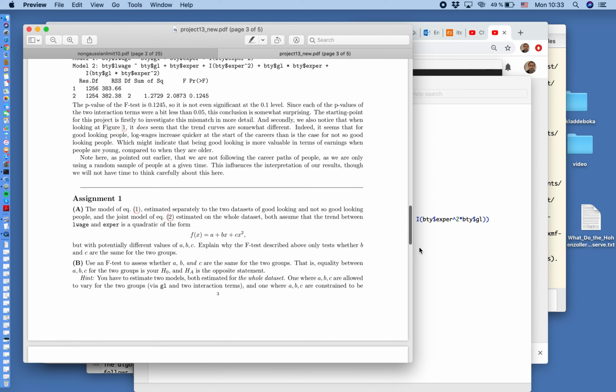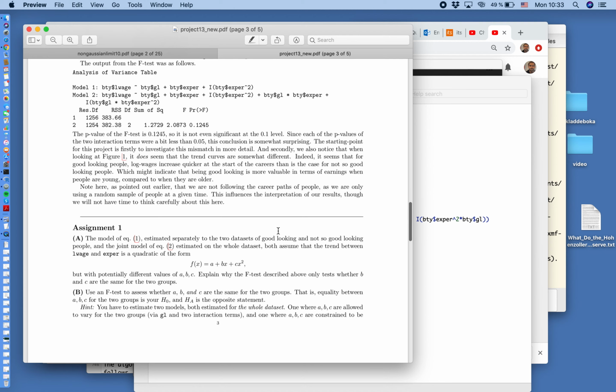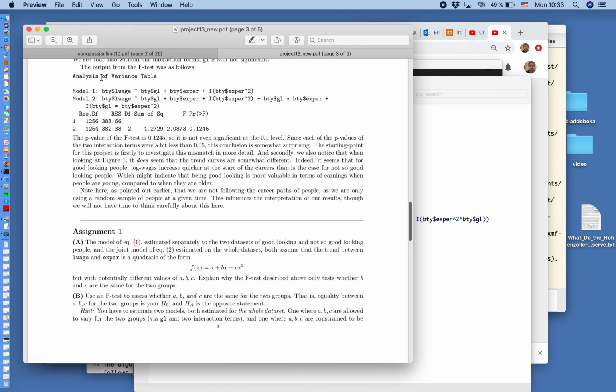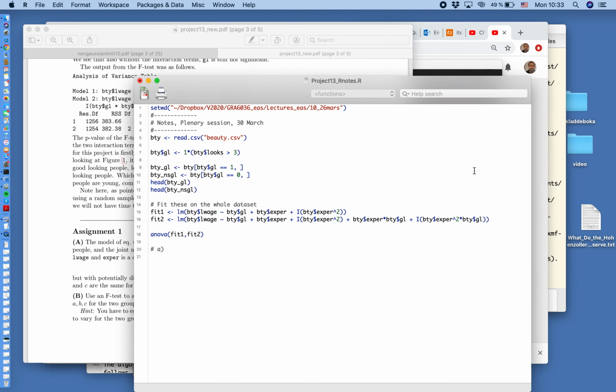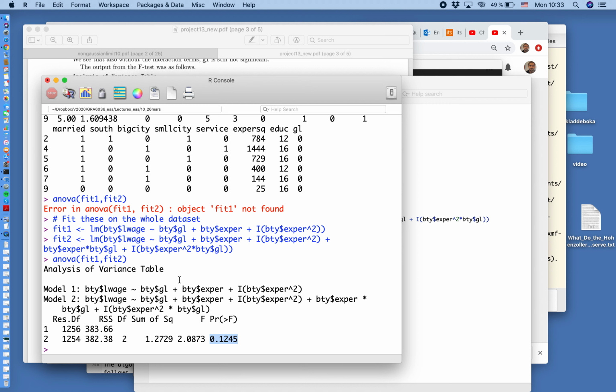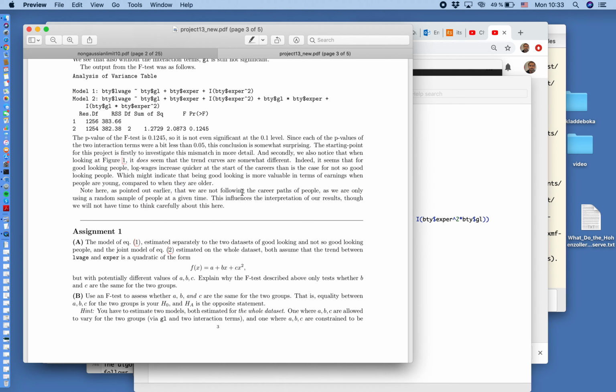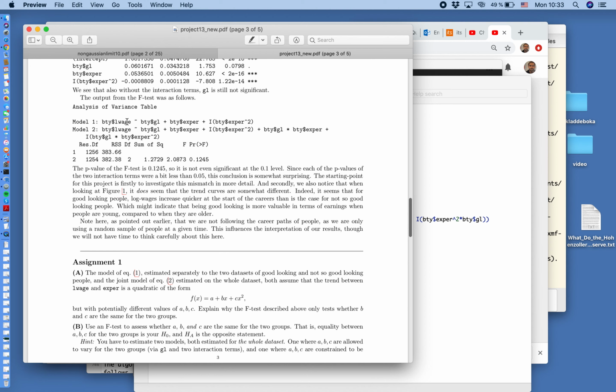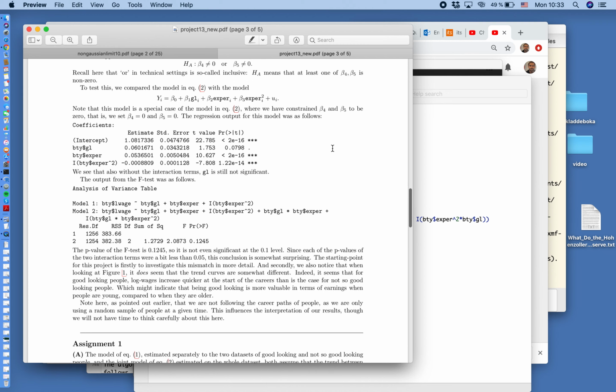If we look at this output from the ANOVA function, that's the same thing that we got here, but it might be easier to read here. We see that these two models are the same, of course, with the same Y, but different.